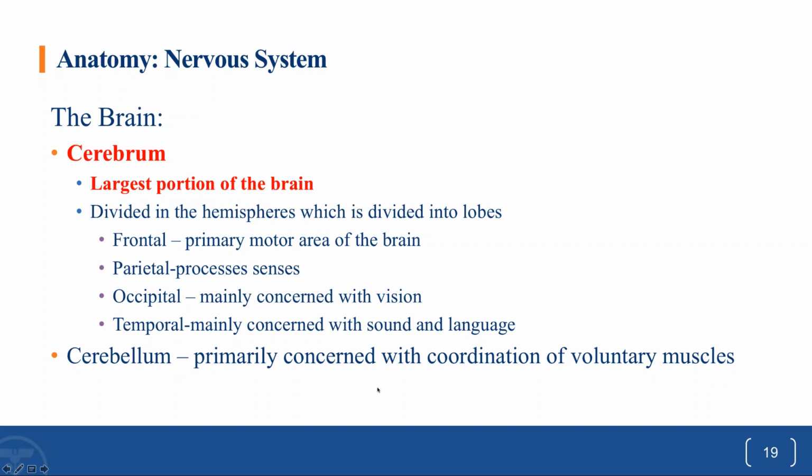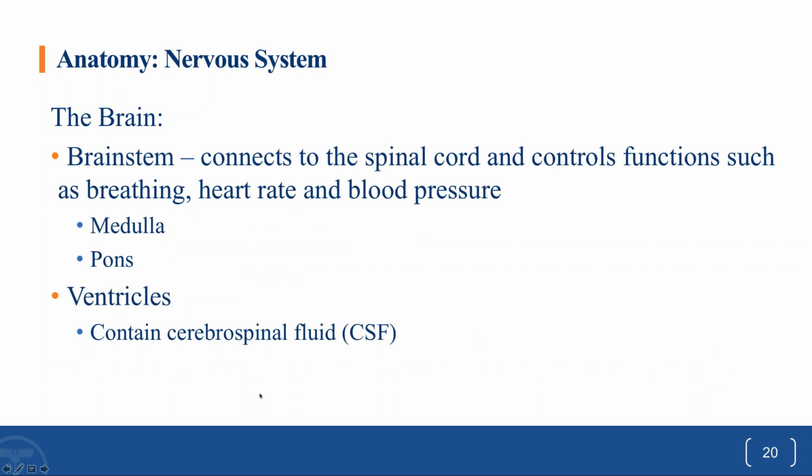Remember, your voluntary muscles are the ones you have to move yourself. Okay, so that takes a lot of brain power there. Brain stem connects to the spinal cord. And your ventricles contain cerebrospinal fluid. Sometimes they'll just use the acronym CSF.